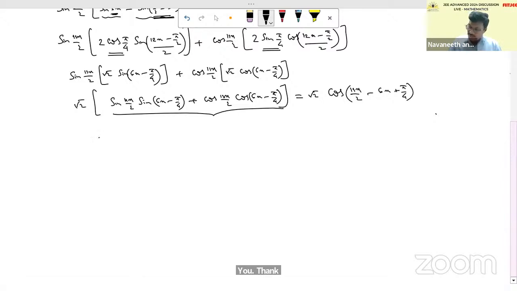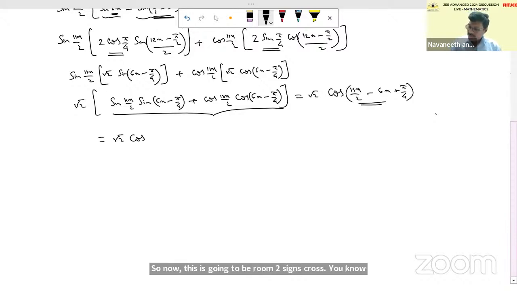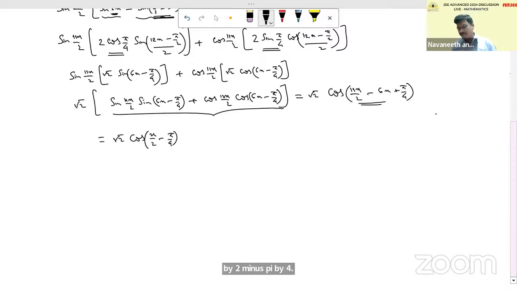So now this is going to be root 2 times cos, like 11x by 2 minus 6x is going to give you minus x by 2. I can take minus common, then I can say x by 2 minus pi by 4. Doesn't matter because cos minus theta is cos theta, so minus will not affect it.